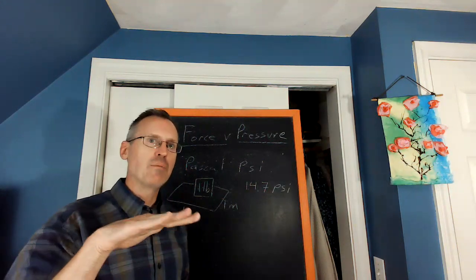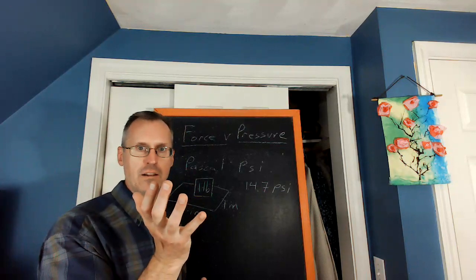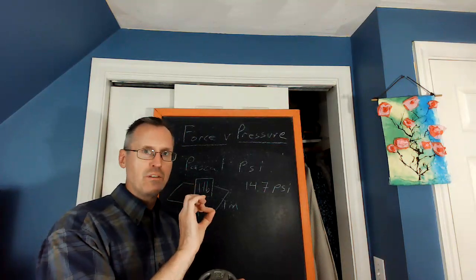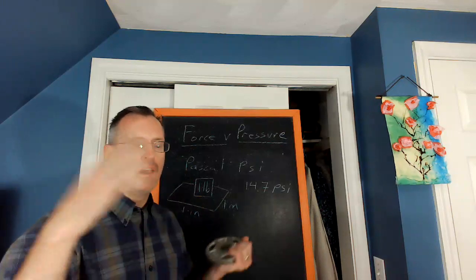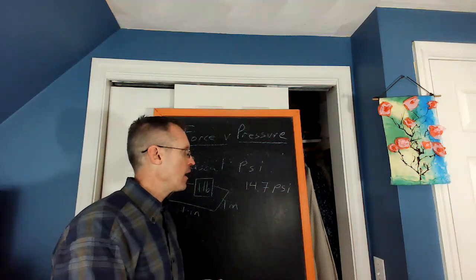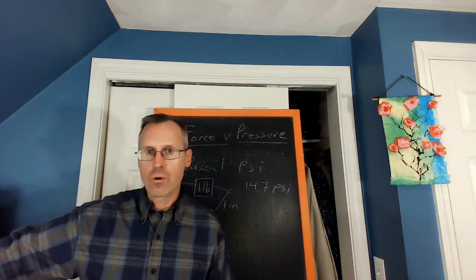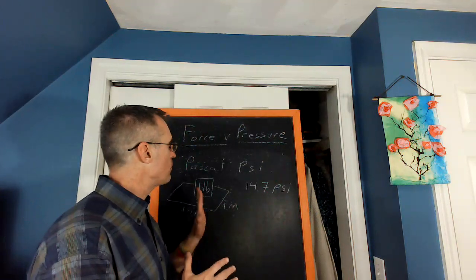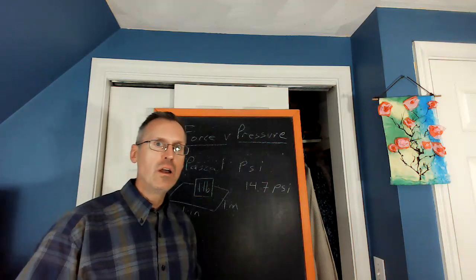It's got to be a smooth surface so that air can't get in there, because once air gets in there, then that 14.7 pounds will press from the outside also, and you won't get any friction. But that's how that works. So I wanted you to know that. That's the difference between force and pressure.